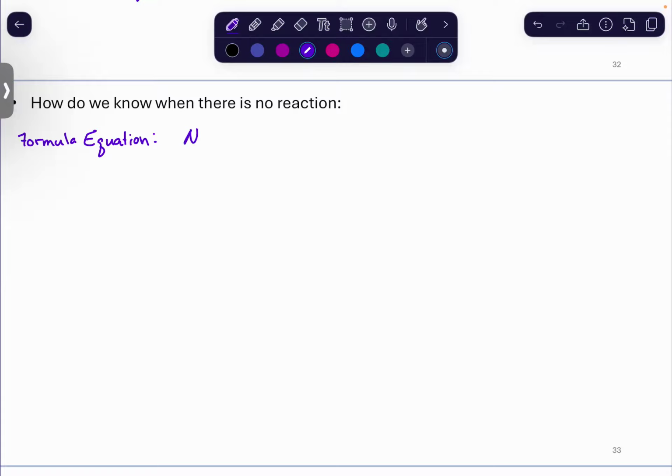Remember we had nickel 2 nitrate, calcium chloride, nickel 2 chloride, and calcium nitrate.